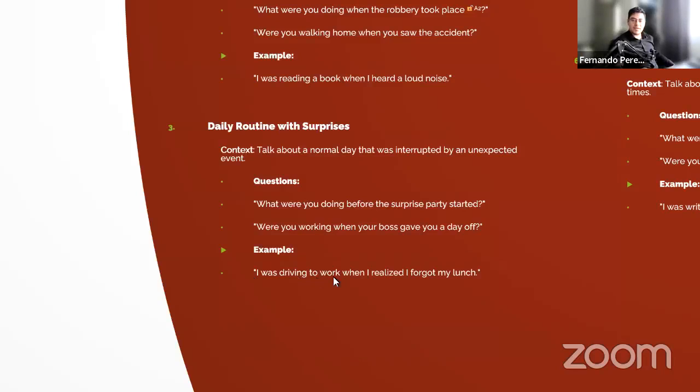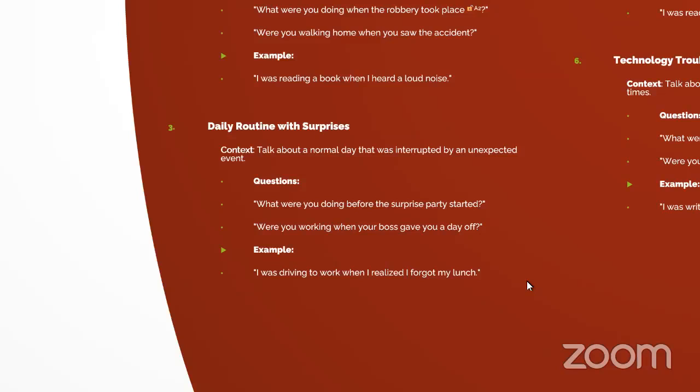I was driving to work when I realized I forgot my lunch. Oh, yes. Has that happened to you, Gabi? Anything similar? Something unexpected. It's similar. I was driving to the school when I realized I forgot the chip of the card.